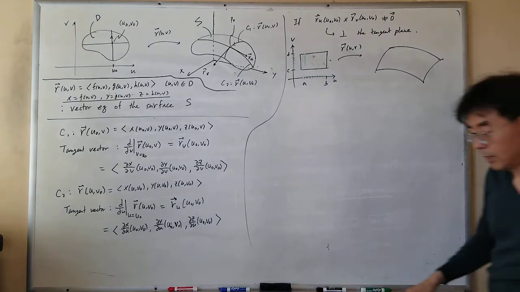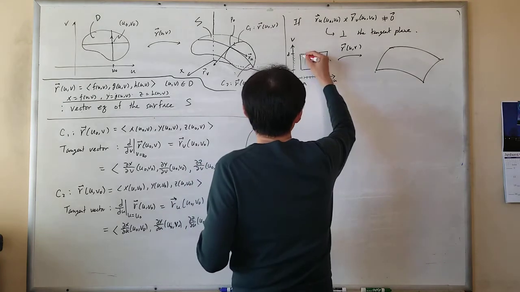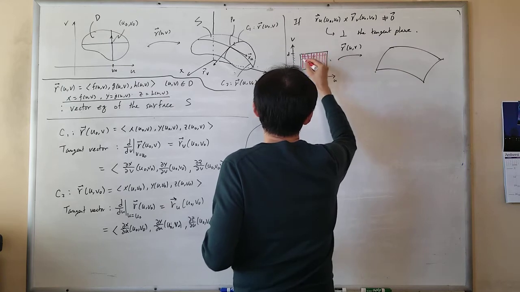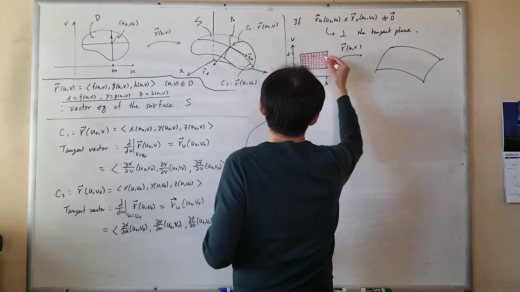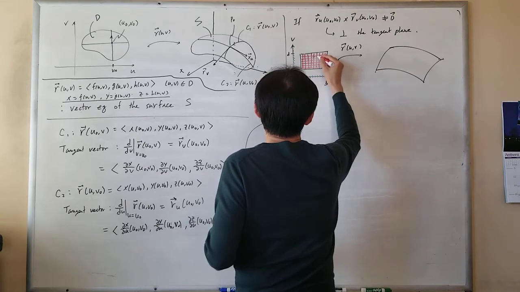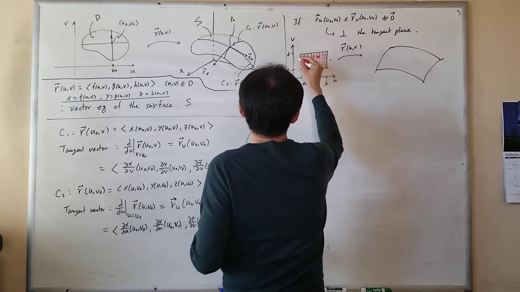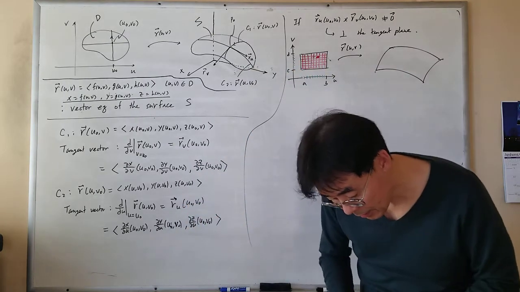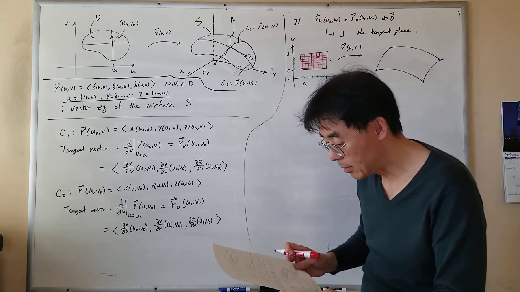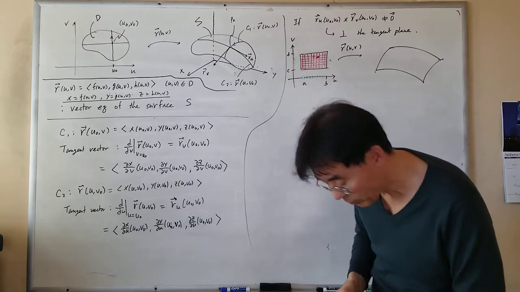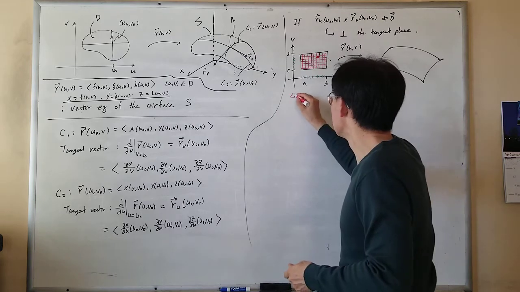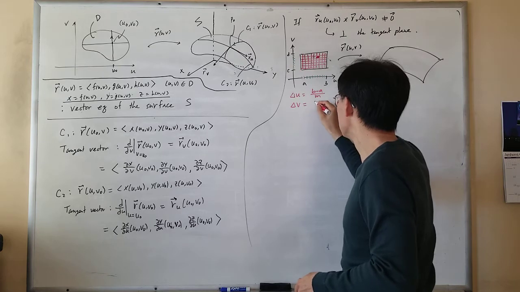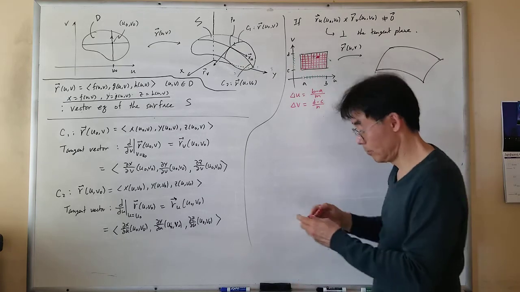If you subdivide this, the usual division, let's say here delta u equals b minus a over m, delta v equals d minus c over n, right?